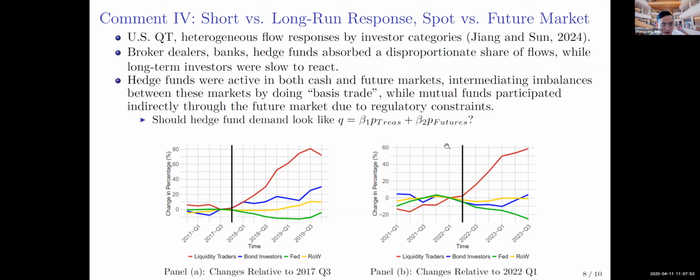So I think that's another thing worth incorporating as we get more data, as we get more sophisticated with demand estimation techniques. I think this cross-market arbitrage in the treasury market is very much worth thinking about.